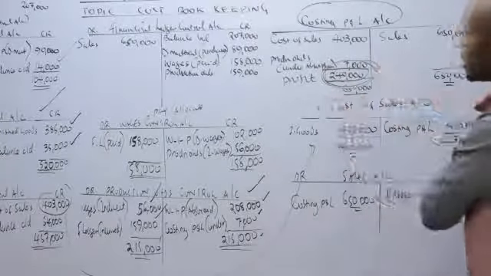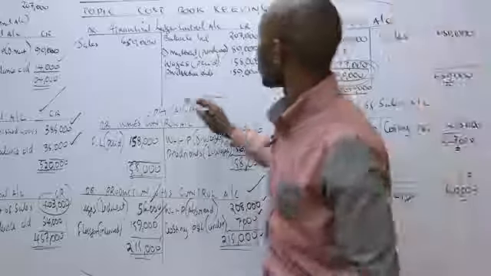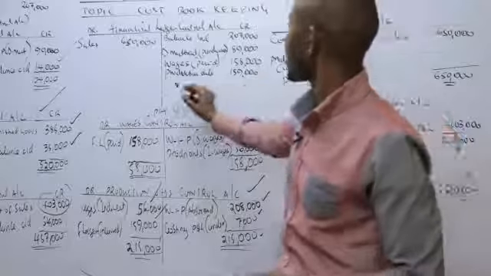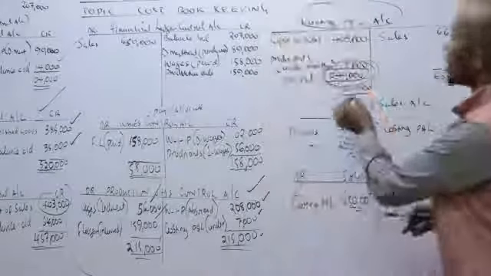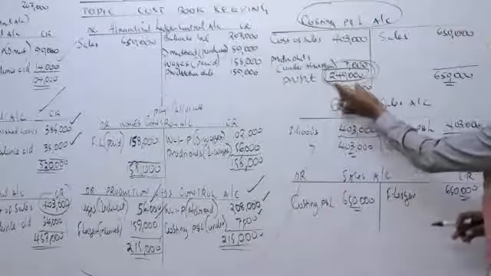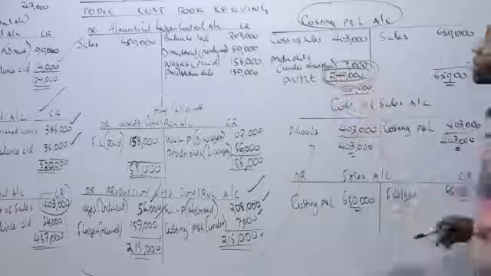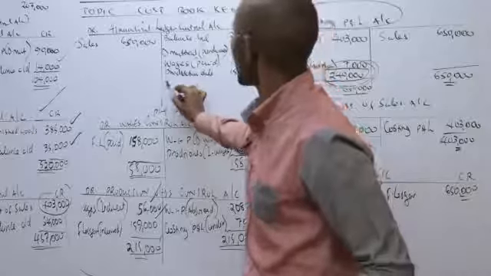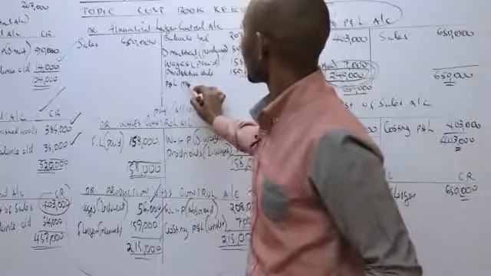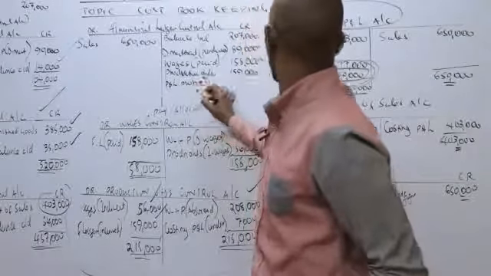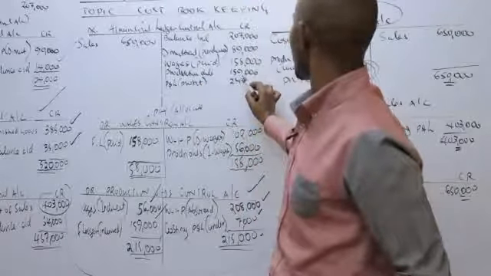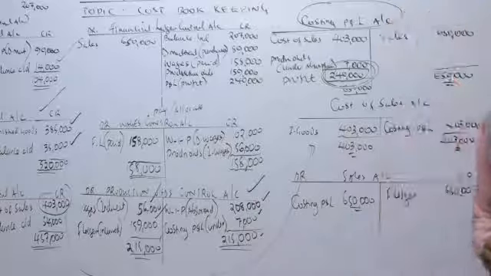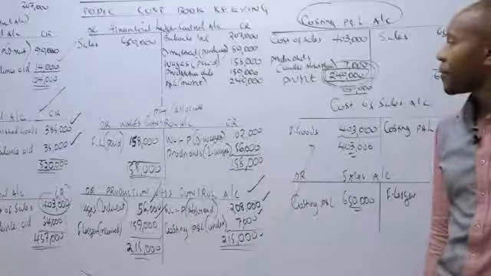Either you can just come open a profit account and then transfer it here, but let's transfer it here immediately. The profit and loss account here, the 240 is on the debit side. So we come and credit here and say P and L. And this is the profit. And the profit is 240,000. That's our last entry.